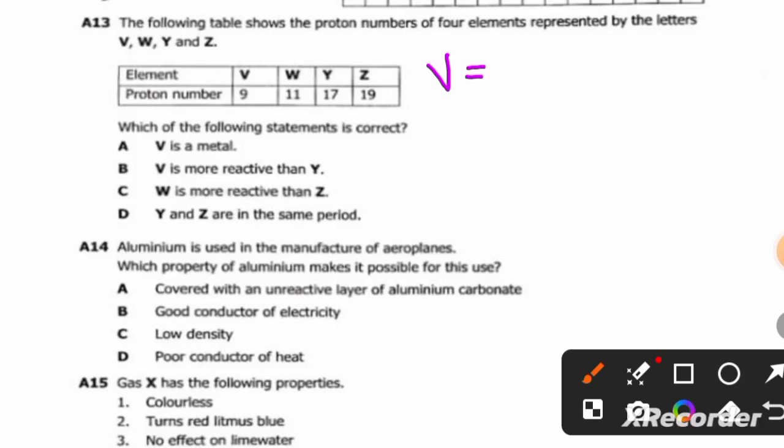So 9 is also the number of electrons. So the first 2 electrons in the first shell, the last 7 electrons in the last shell.